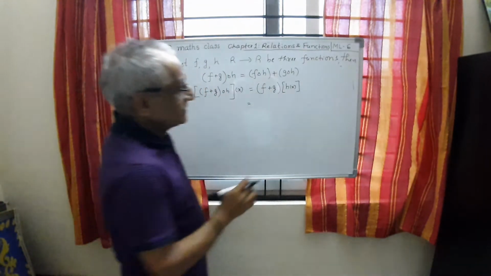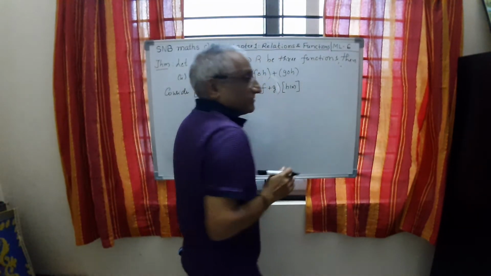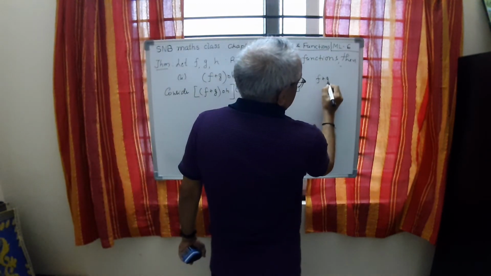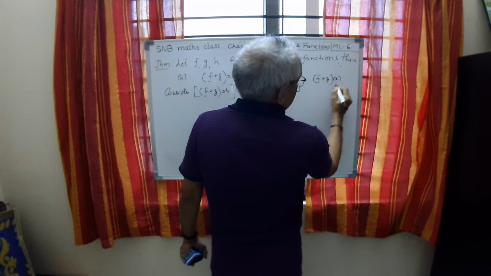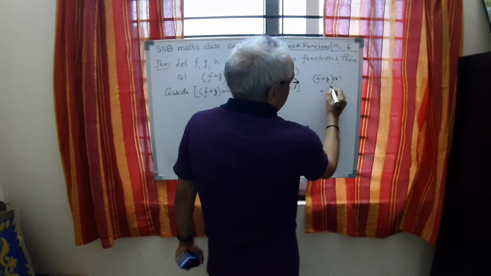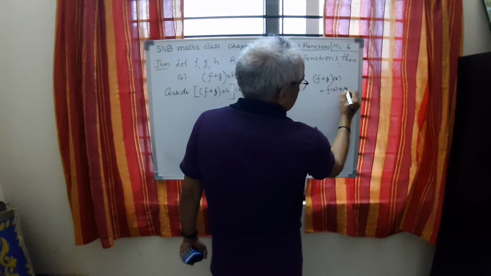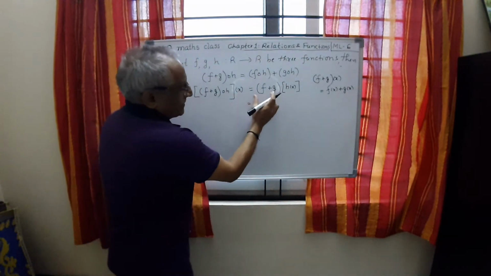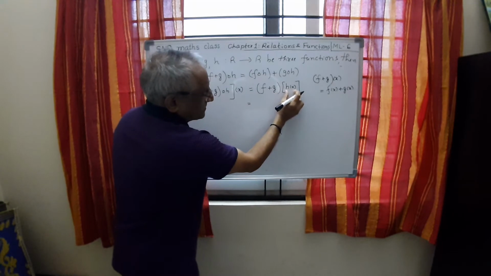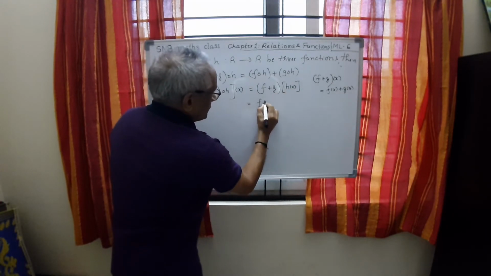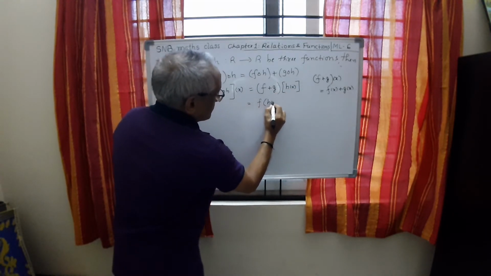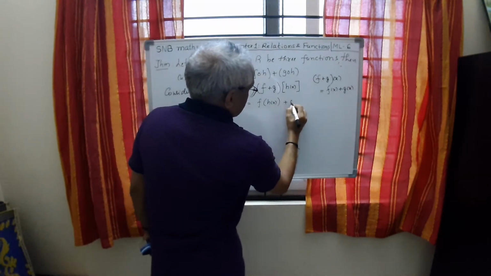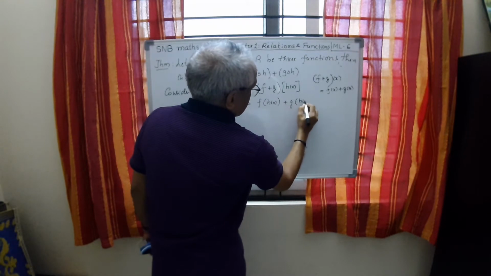In the last year, in the second chapter on functions, we have done this. F plus g of x, addition of two functions, is f of x plus g of x. This is the definition. Therefore, here f plus g of h of x must be equal to f of h of x plus g of h of x.